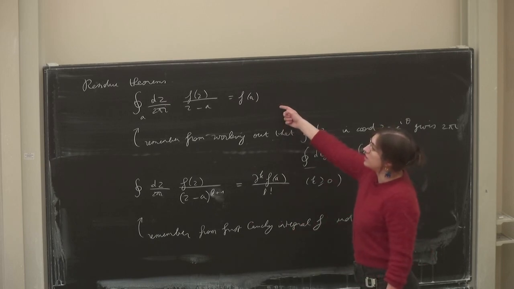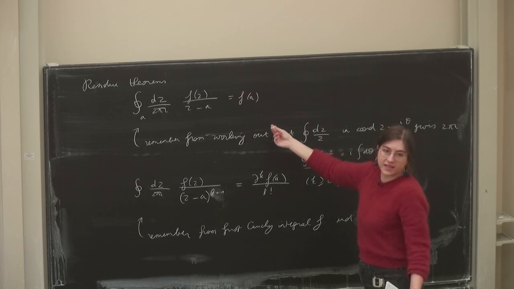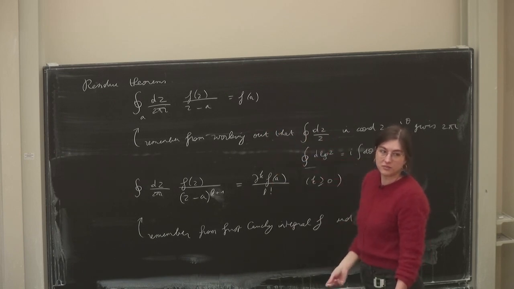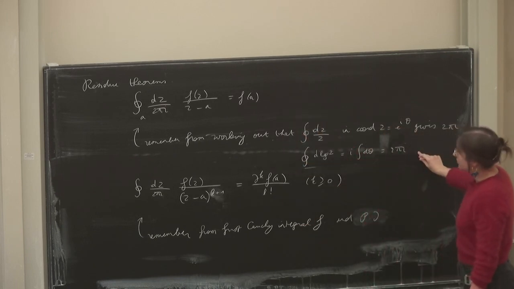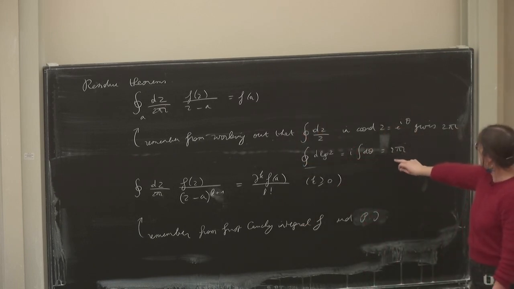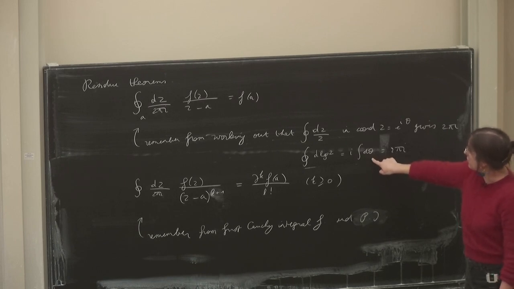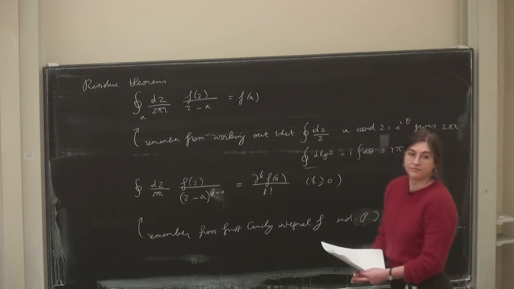What I wrote here are the standard residue theorems on the complex plane. But we are working on this complicated manifold, where the angle that you get in this derivation is not 2 pi, but 2 pi n.